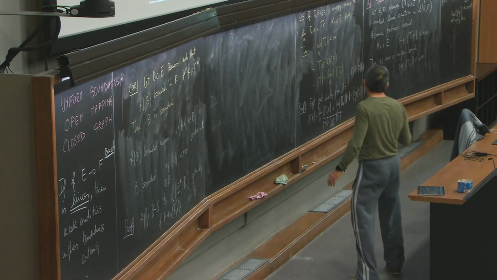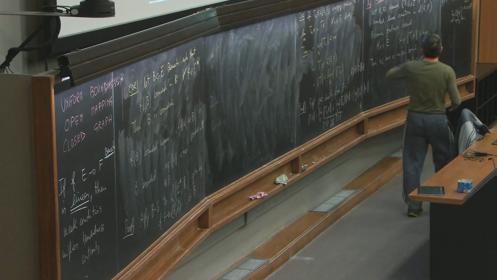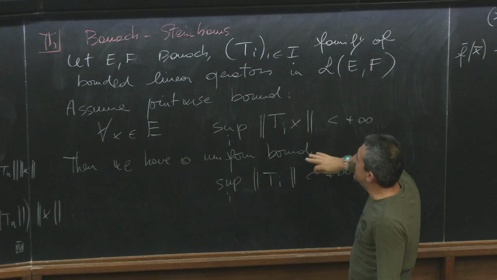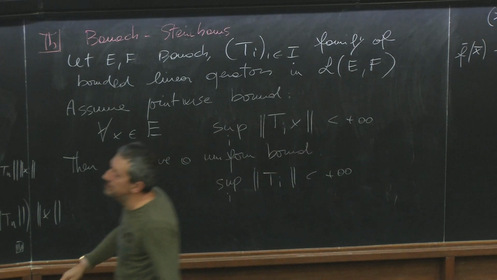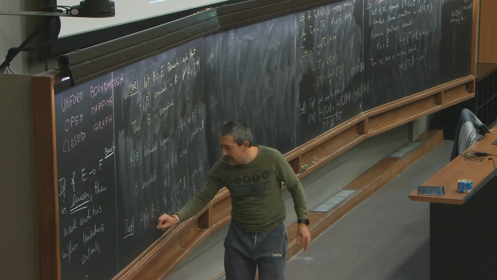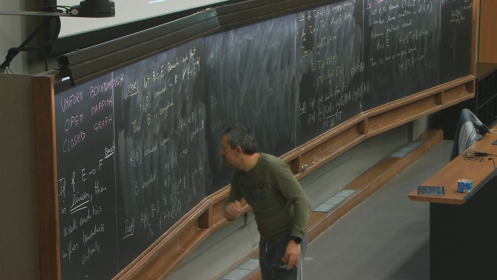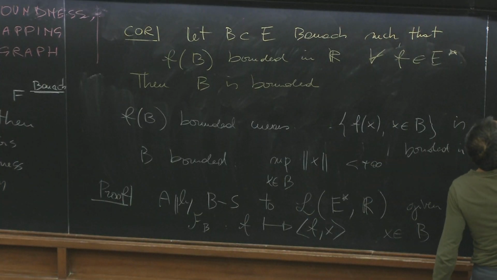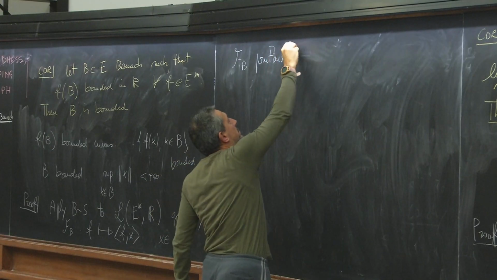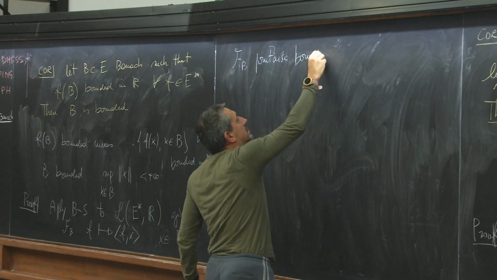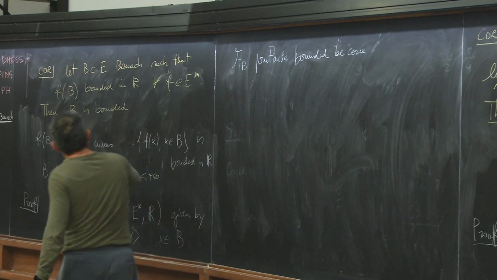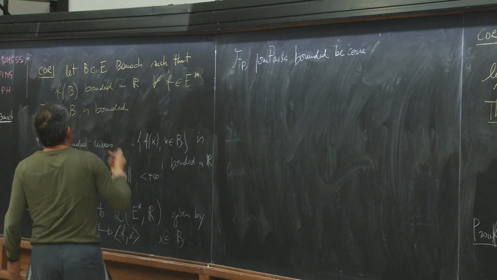Now the statement. Clearly these are bounded linear operators. And why is the family pointwise bounded? This family, let's call it the family F of B, is pointwise bounded, which is the assumption, because f of B is bounded.